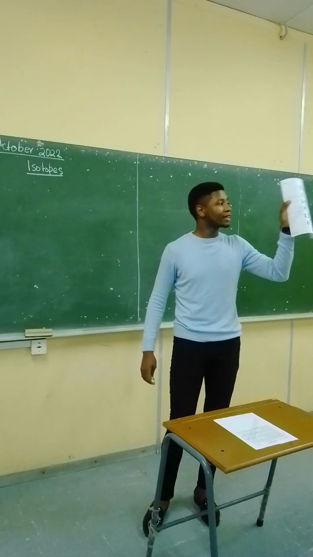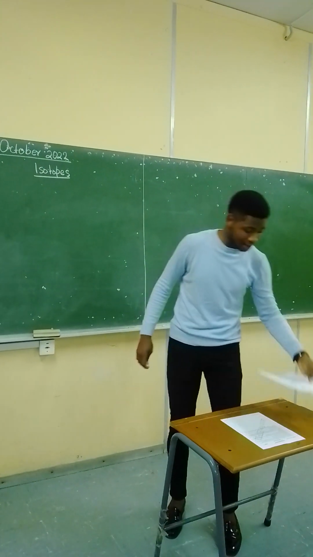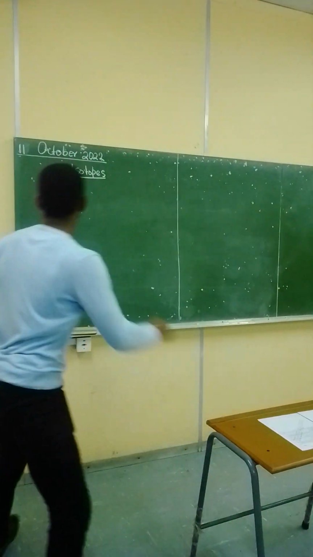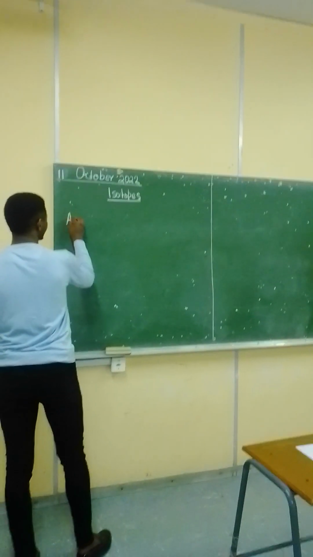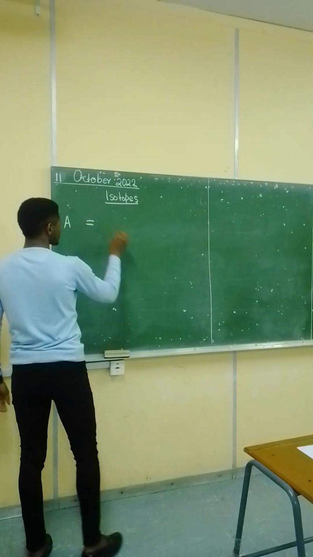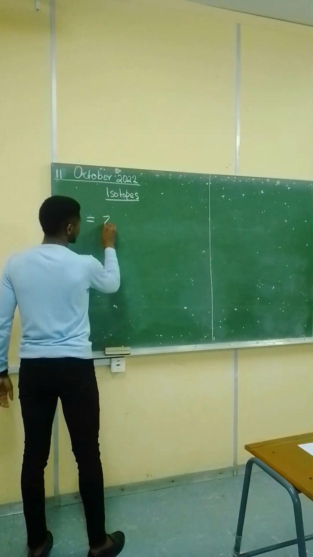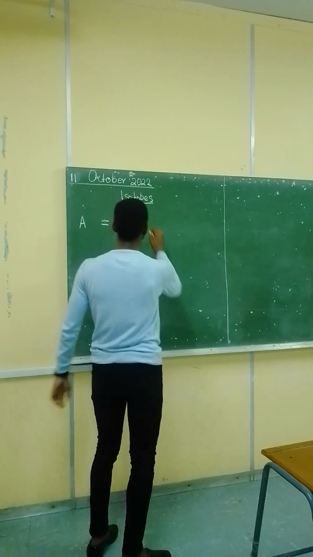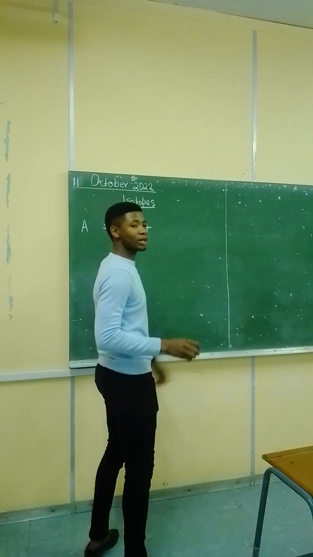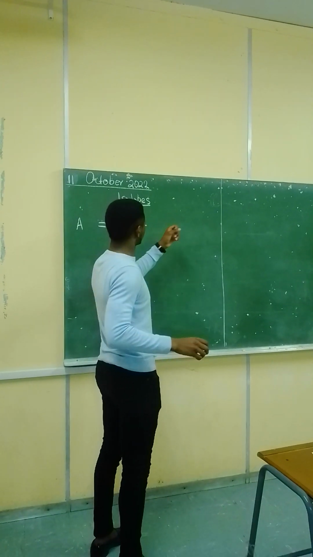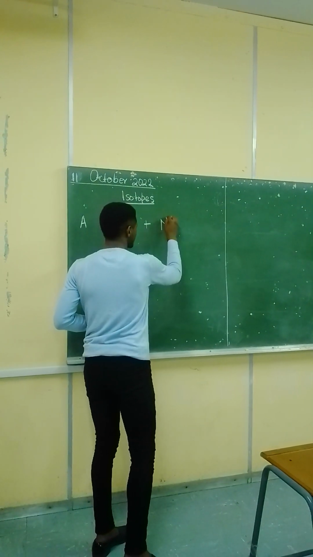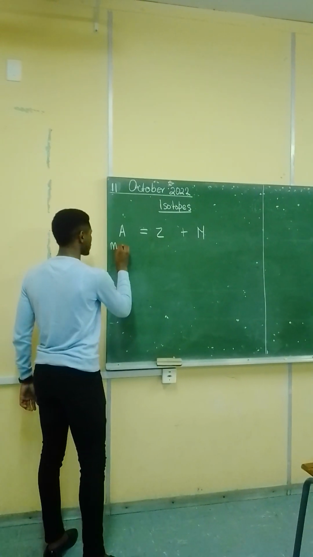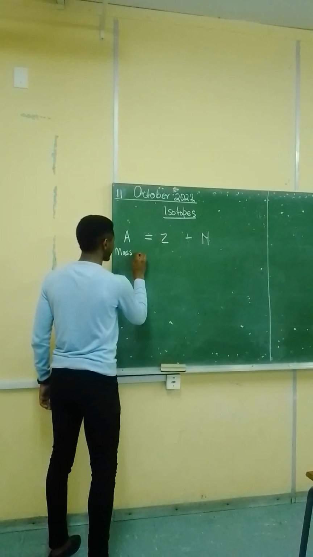Just to show you that these are in fact isotopes, we're going to use the concept where we say A, the mass number, is equal to Z, the number of protons or the atomic number, plus N, the number of neutrons, which is abbreviated as this. This here is the mass number.